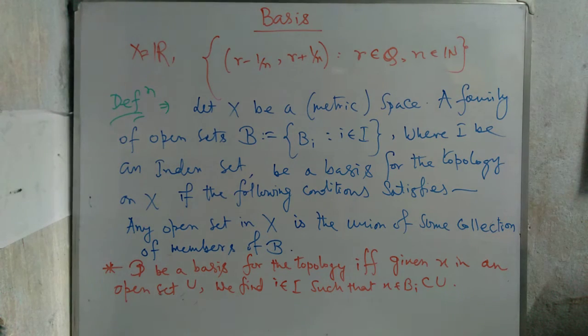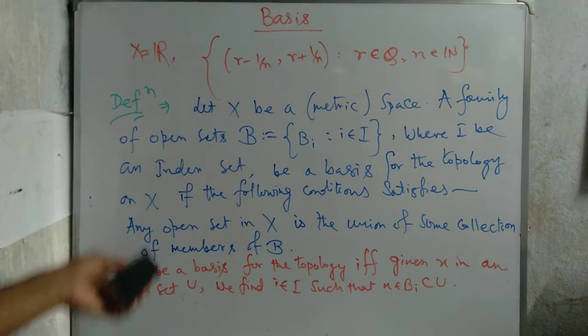If B is a basis, then given x in an open set U, obviously we find some Bi subset of U. How do we prove this one?